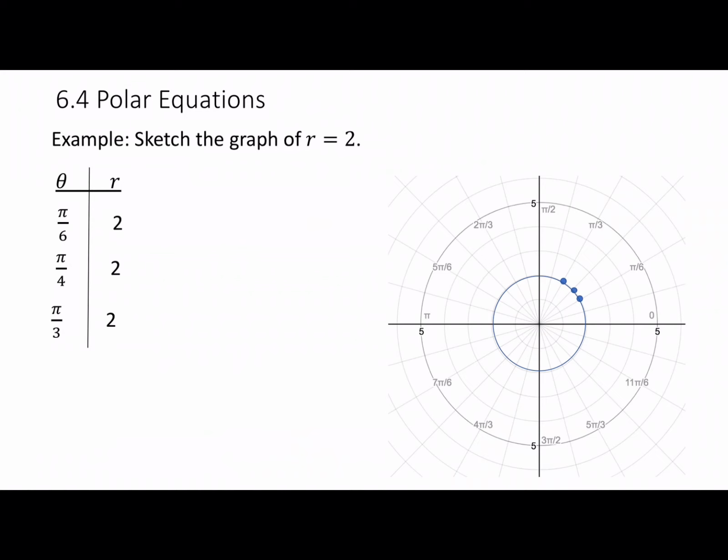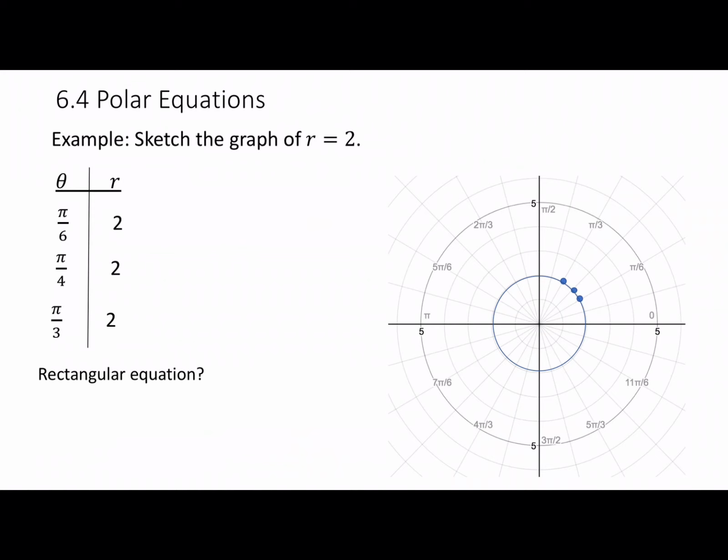Now I could also rewrite this equation in terms of a rectangular equation. Well, this you should already know. The equation of a circle has the form r squared equals x squared plus y squared. And in fact, in our polar coordinates, r squared equals x squared plus y squared.